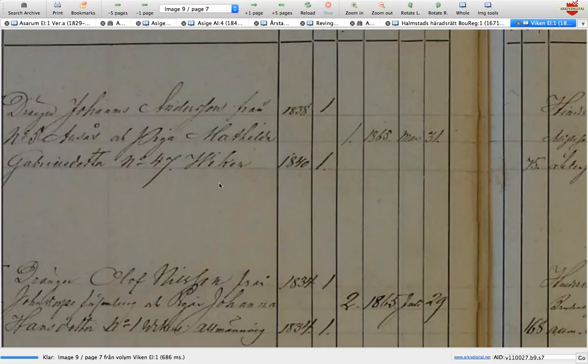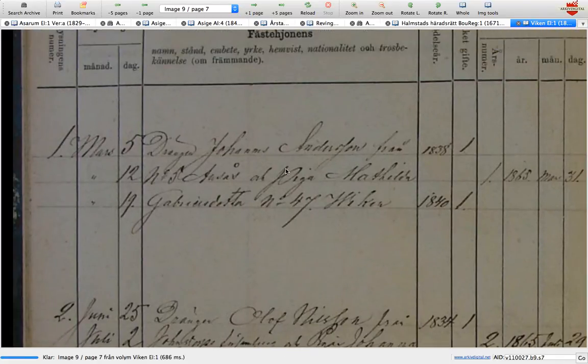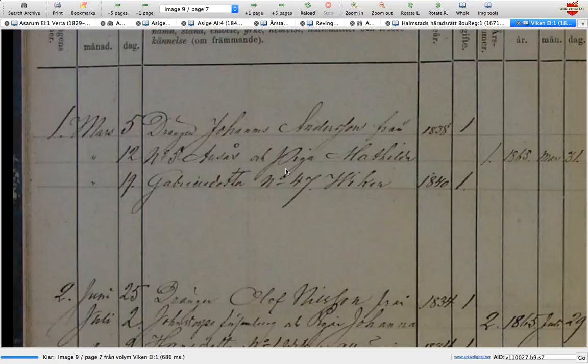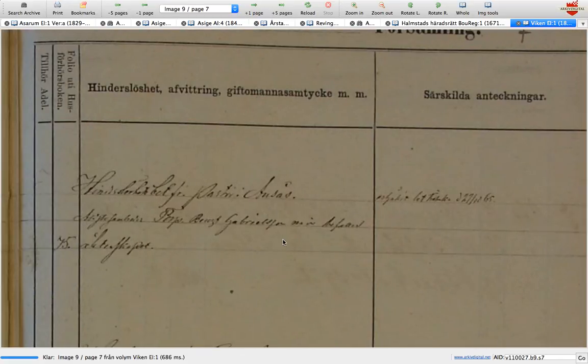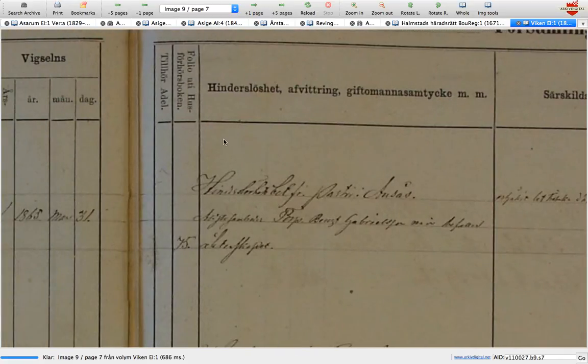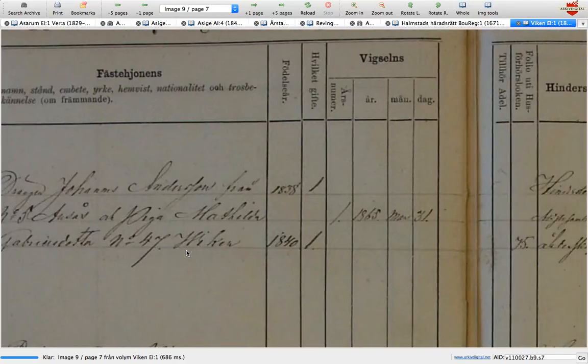Here. They are living on number 47 in Viken. Born 38. And in here you have 75 is her place.